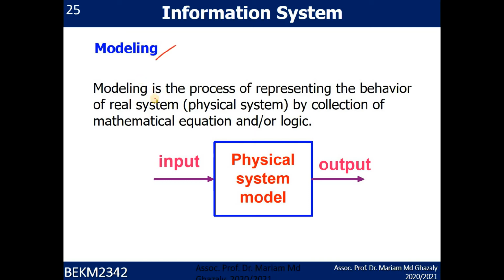In modeling, the modeling is the process of representing the behavior of a real system, which is the physical system, by a collection of mathematical equations and or logic. So modeling of a system, mechanical system or electrical system, you will learn later on. You will learn this in control system engineering, in the first chapter.